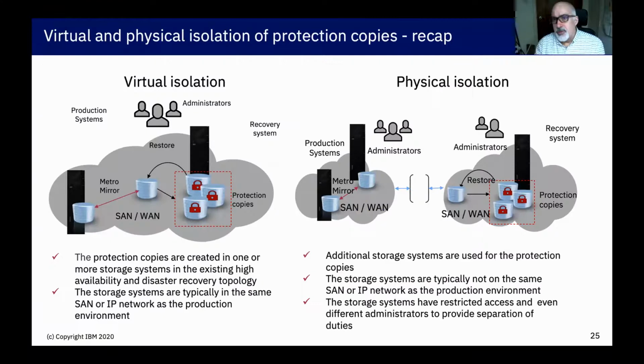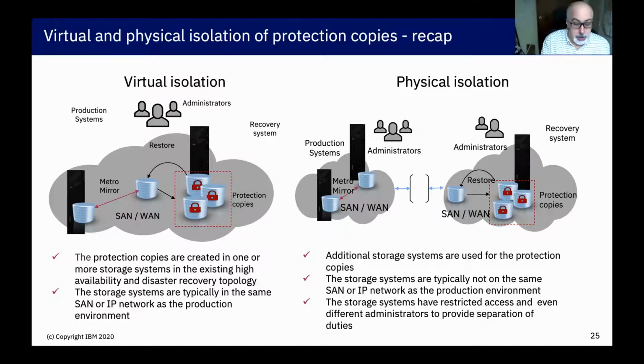So briefly to recap, virtual and physical isolation. I mentioned it a few times during the summary, and just so that you've got it cemented in your mind, an LCP environment with virtual isolation, the safeguarded copy backups are stored within the same DS8000 as one of your production HADR copies.